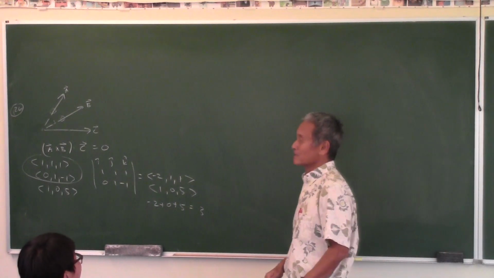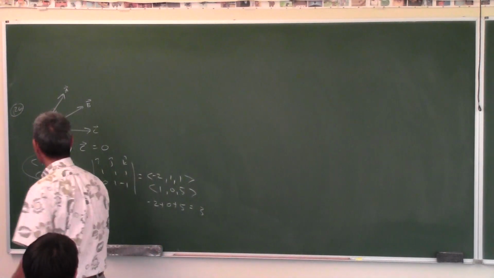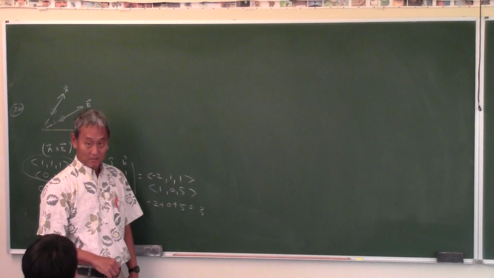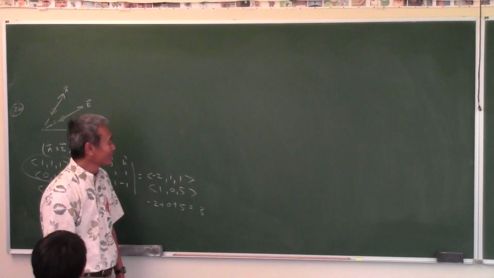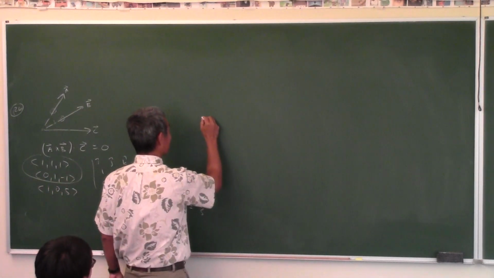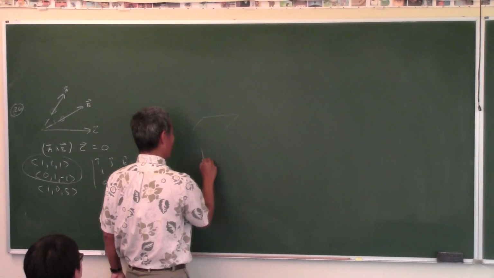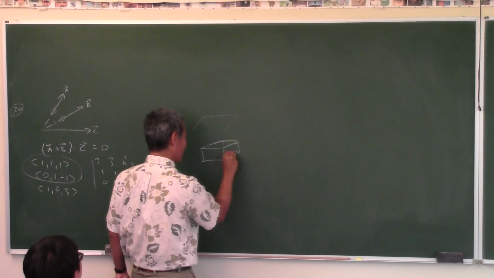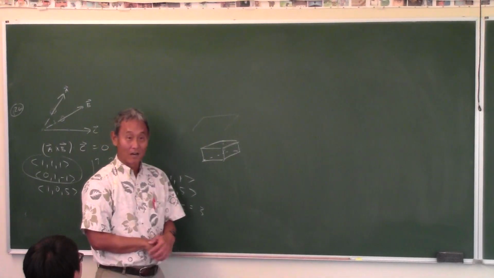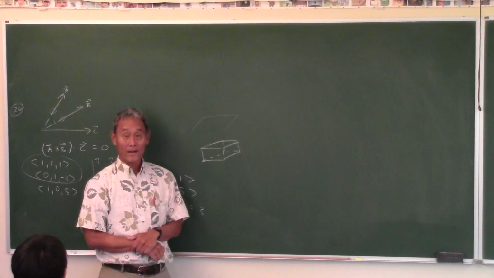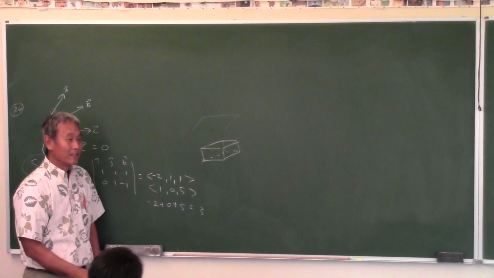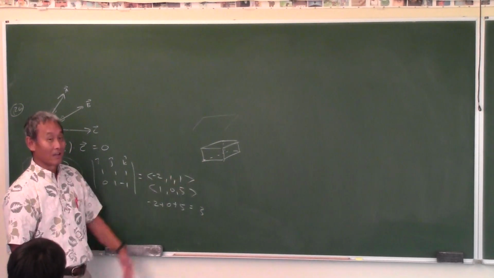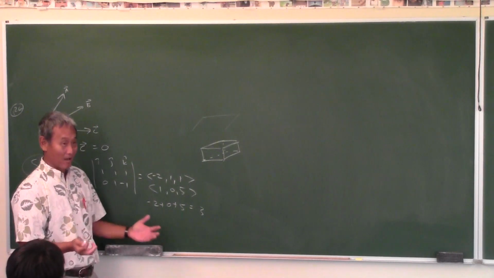Okay, now the question to do problem 28 is, what the heck is a parallelepiped? You guys know what a rectangular box is? Okay, here is a rectangular box. Each of the faces is a rectangle, so we call this a rectangular box.